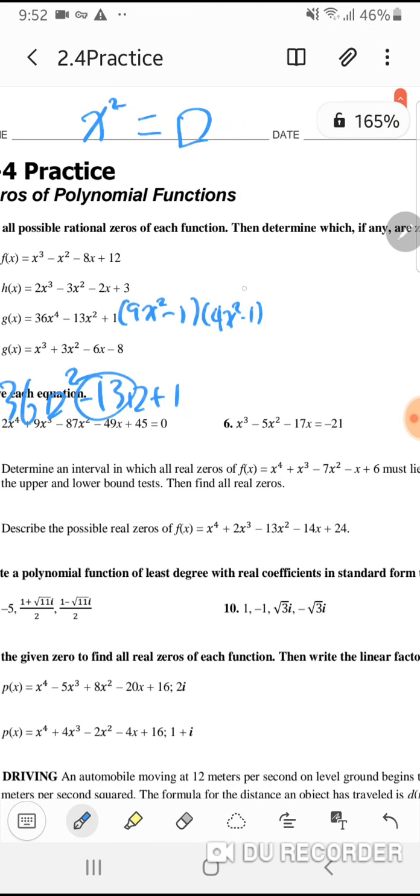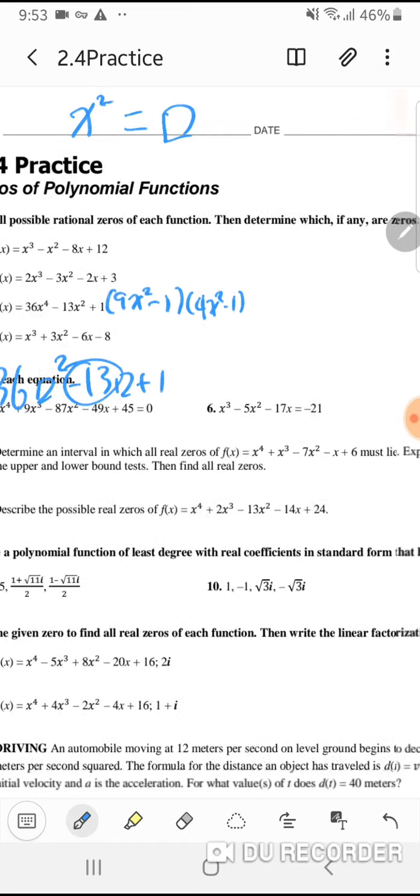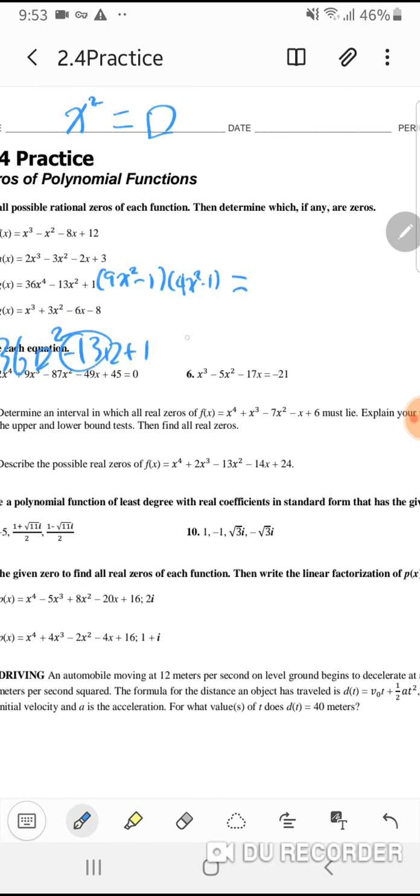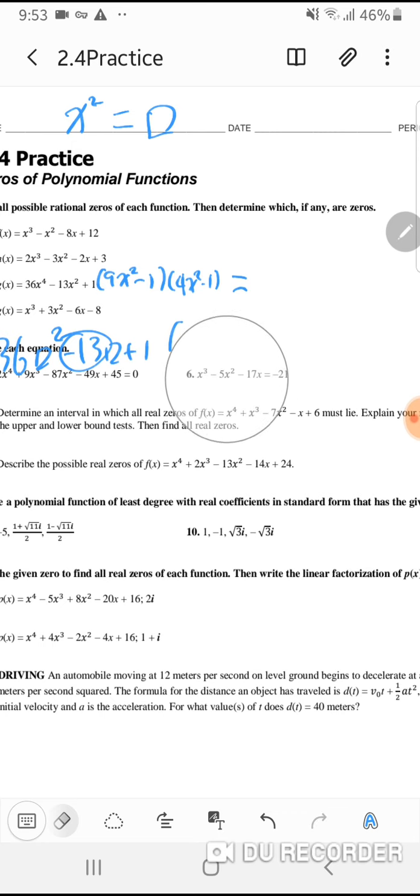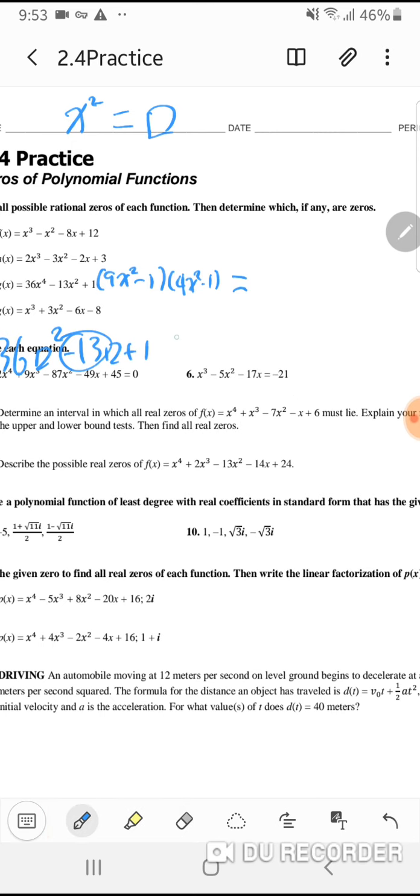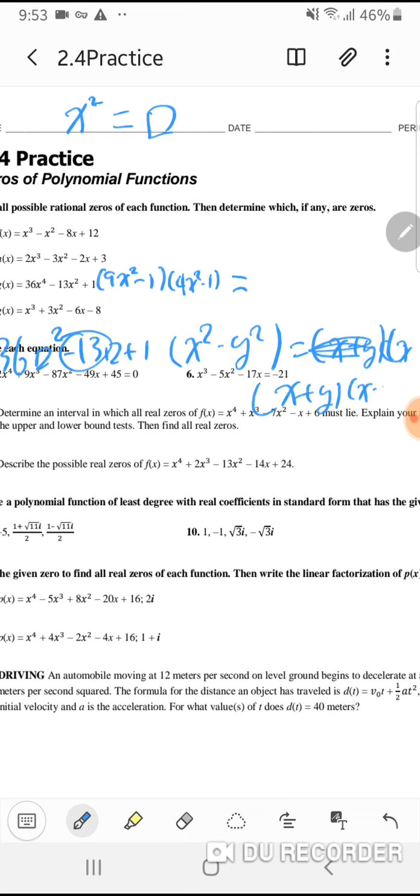Okay, and then from here we can change it back again, right? We all know that this is that. So it's the same thing.